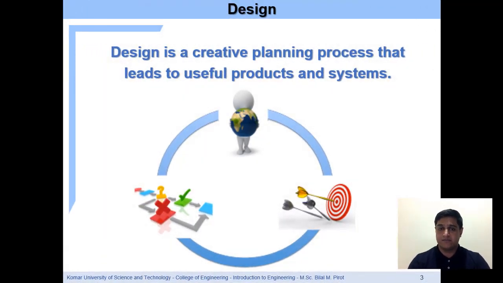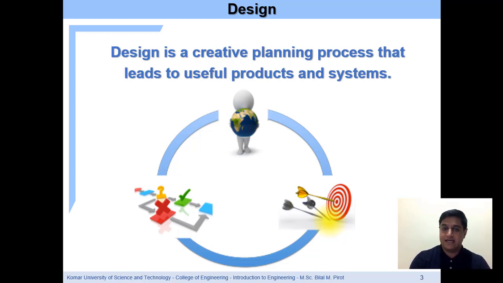What is design? Design is a creative planning process that leads to useful products and systems. In the previous lecture, we talked about the 3 main types of thinking. One of the most important types of thinking was creative thinking. Creative thinking is the main part of designing a product or designing a service.